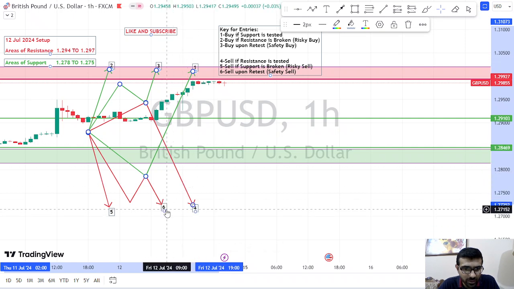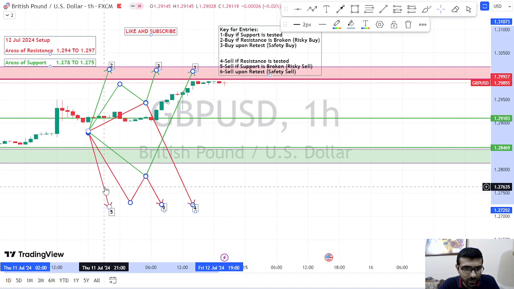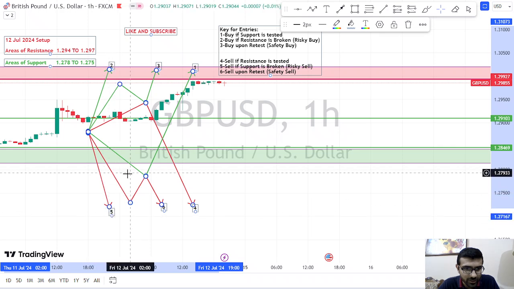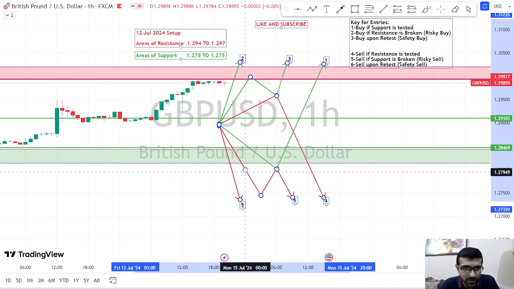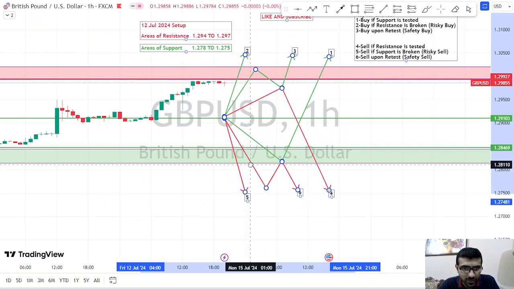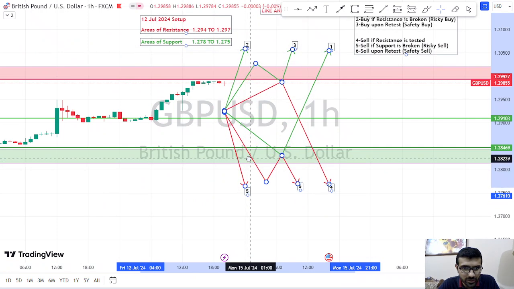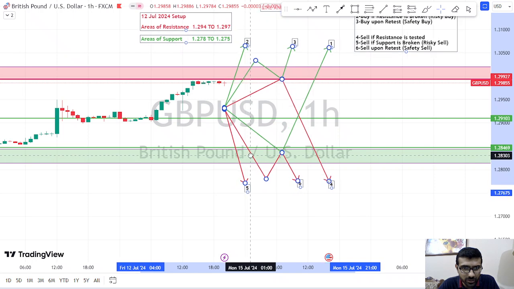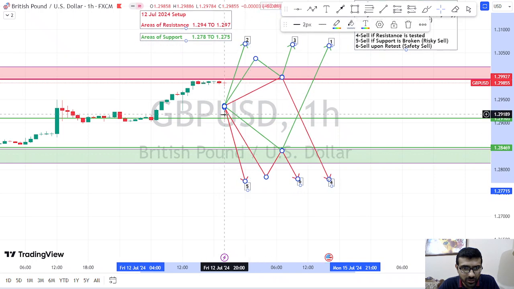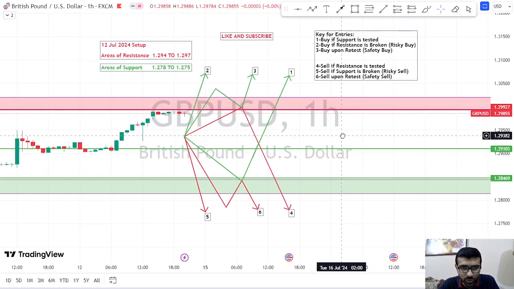If you guys have any questions, you can ask us in the comment section. Okay, as the market is currently trading approximately over here, the areas have been moved for you guys.